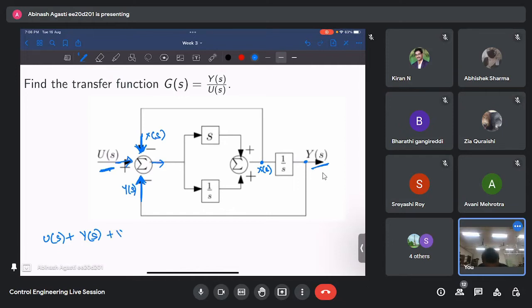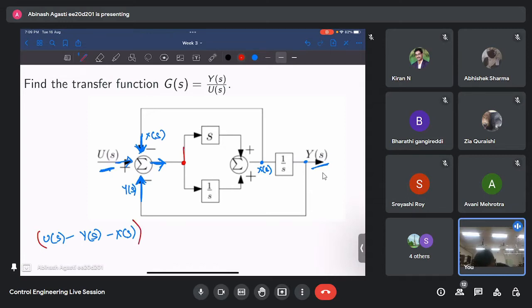So here we have minus Y(s) and minus X(s). So the input into the system is U(s) minus X(s) minus Y(s). Now here also we have this signal.